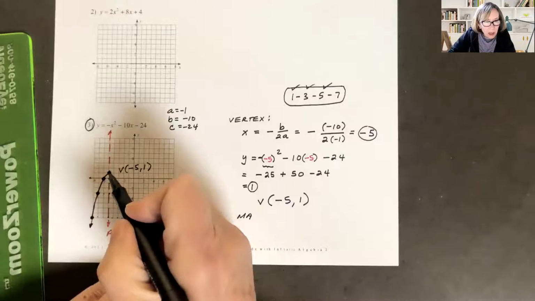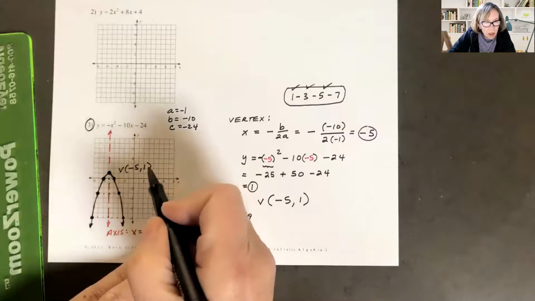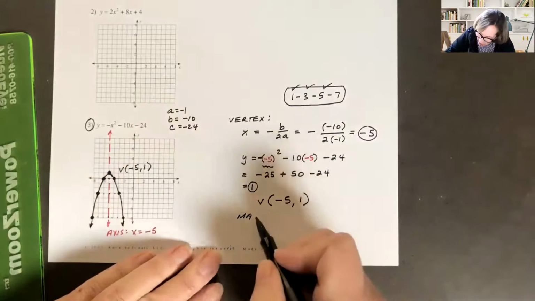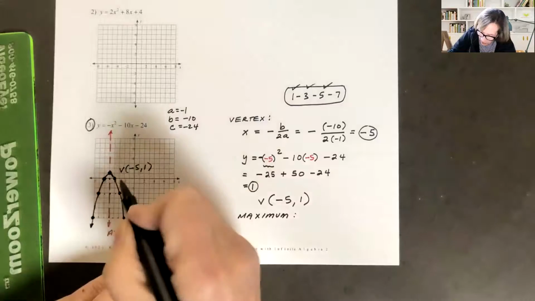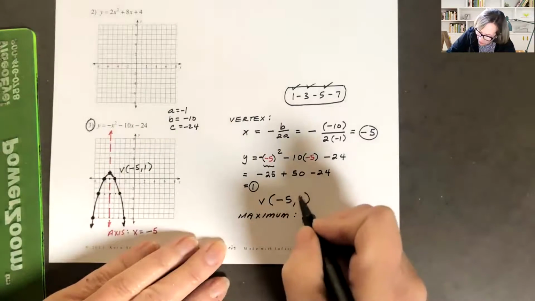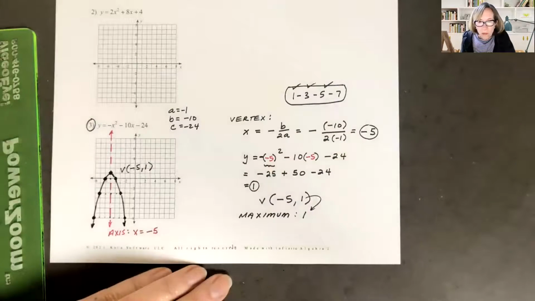And so the highest point I get is where y is equal to +1. You just measure it against the y-axis. So the maximum value of this, the highest point on the graph, is at +1. And we get that from the y-coordinate of the vertex.